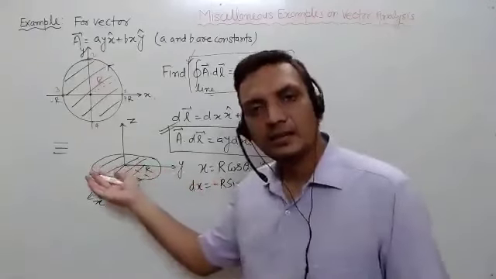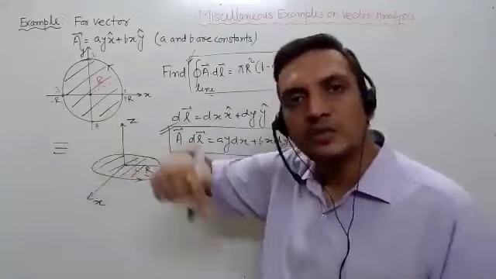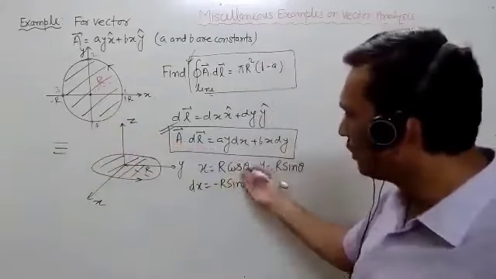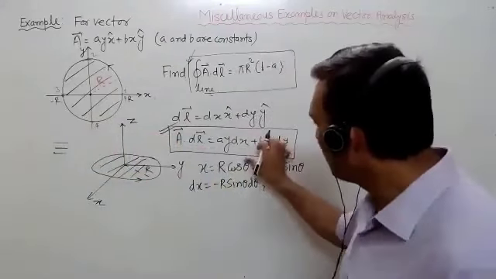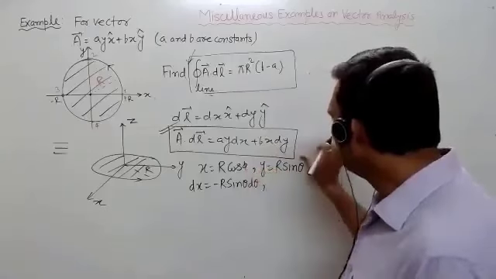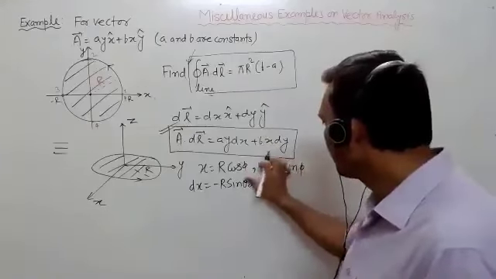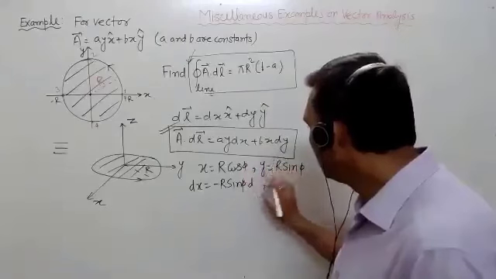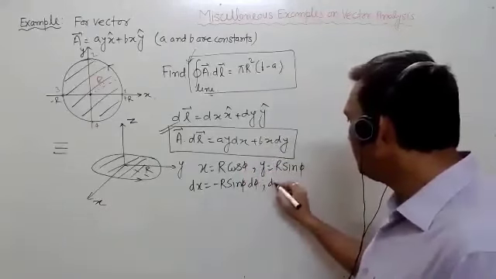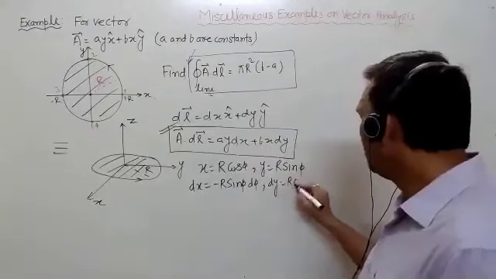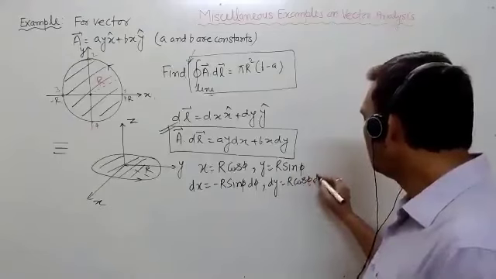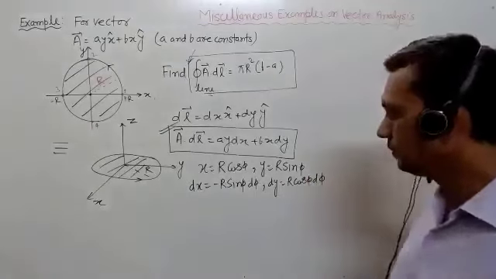Theta is phi here, that varies from 0 to 2 pi. You can take it as phi also. Let us take this as phi. And what will be dy? r cos phi d phi.